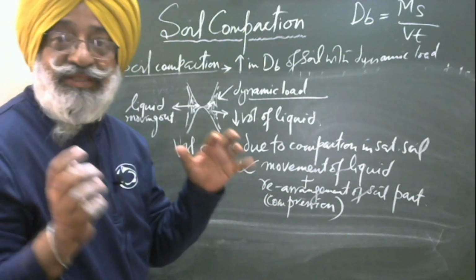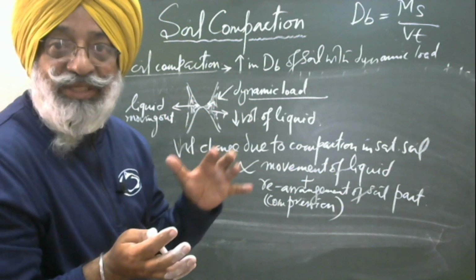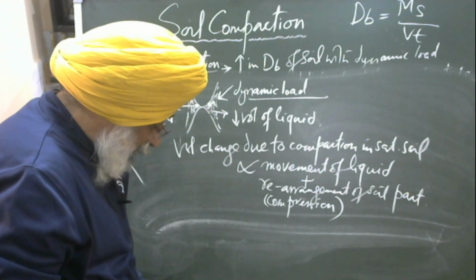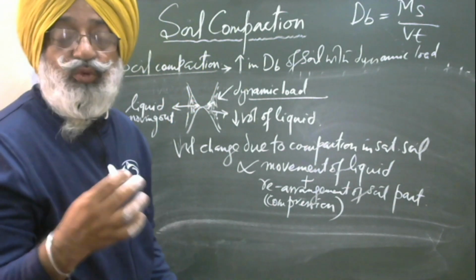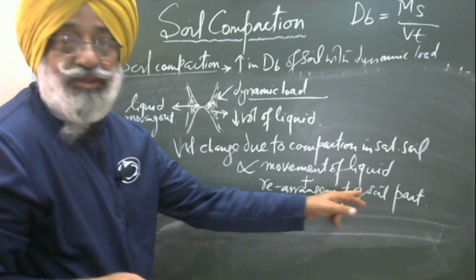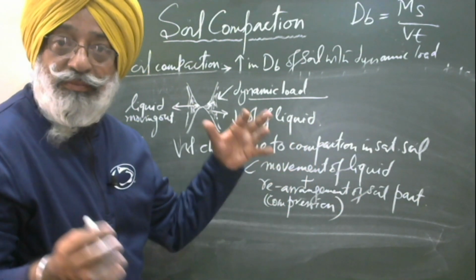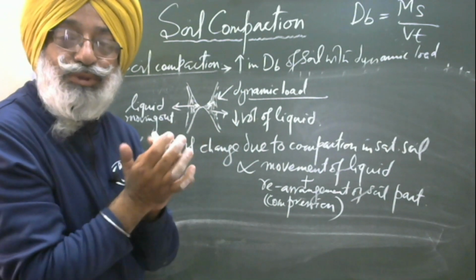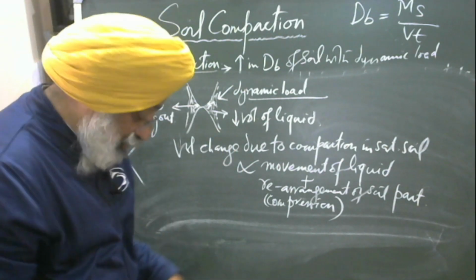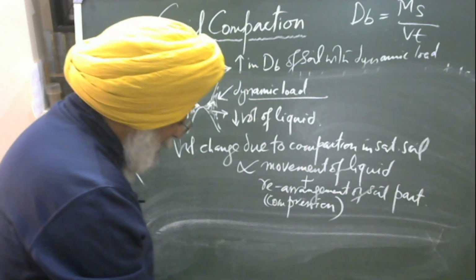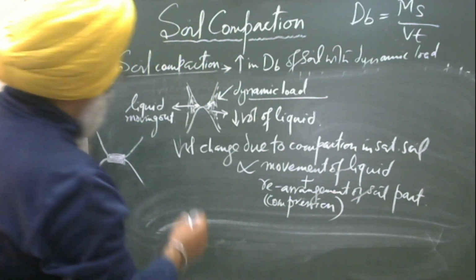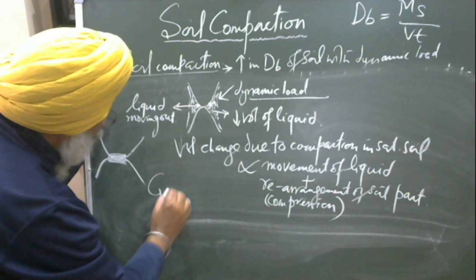As I said, solid and liquid are practically incompressible. The state of compaction, that is the movement of these phases: soil particles move and come closer to each other, water moves out, and that's why there is reorientation of particles. And what happens to the gaseous phase then?